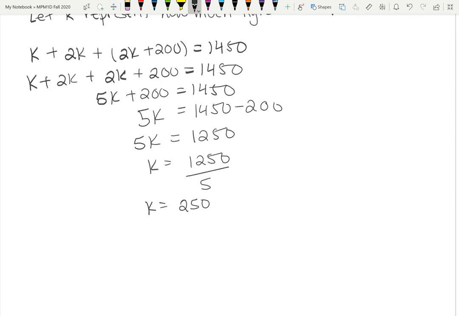Okay, one thing to notice is that my equal signs are pretty lined up. Each step, the equal sign should be underneath the previous equal sign, okay?